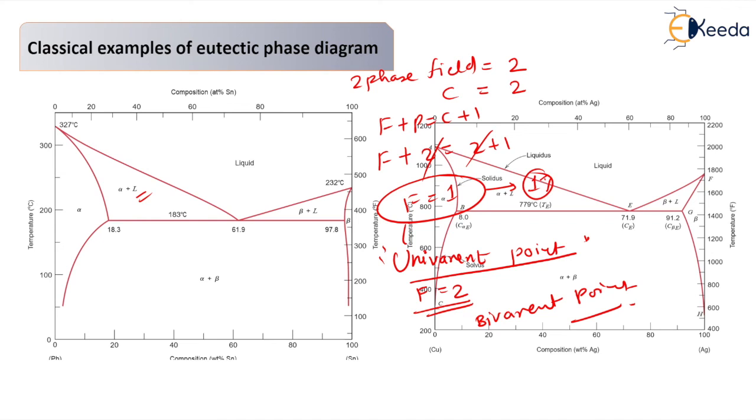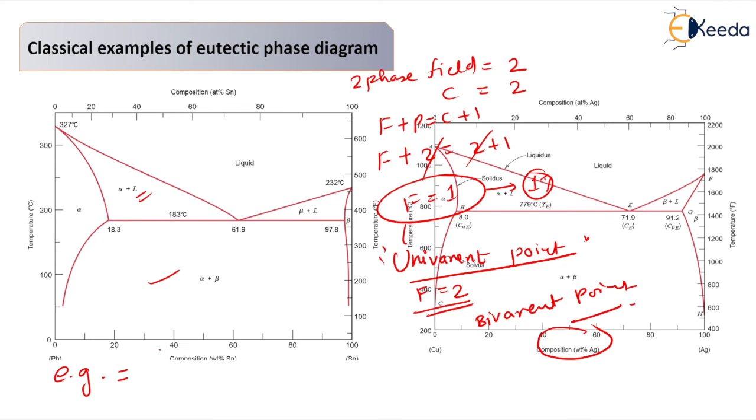Okay. So dear students, this is the classical example of a eutectic phase diagram, that is lead and tin. We also have this example here, copper and silver. So again, you can interpret this phase diagram like this only. You can do it on your own. So what are the various examples of the second type, or partial eutectic system?